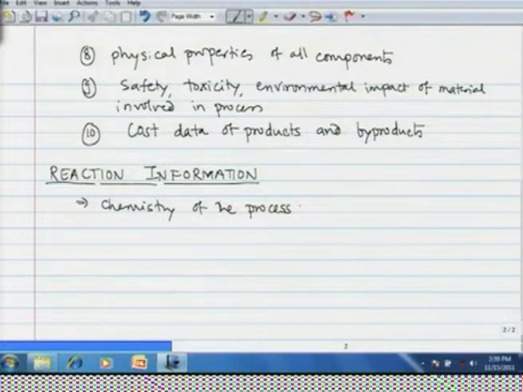Then next is the operating conditions, temperature, pressure, so on and so forth. Then the information about side reactions.